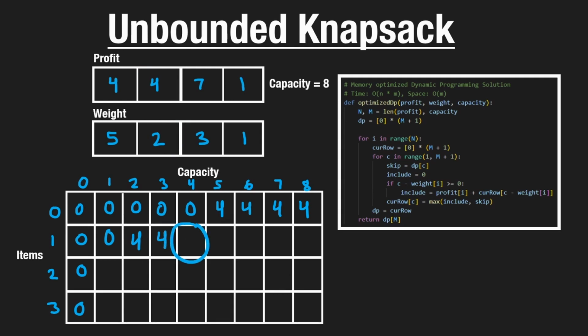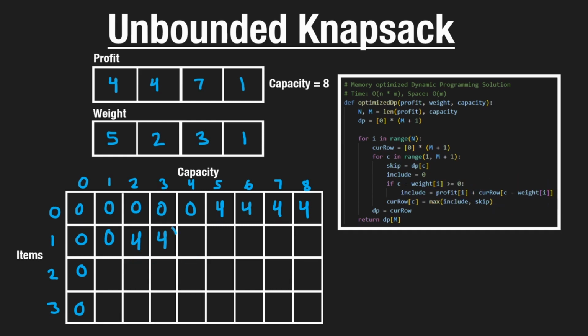Here, we can include this item. So we include the profit of that, but we also take in the current row the capacity that we have, which is 4, minus the weight of including this item, which is 2. So basically that's us saying from this position, we're going to look 2 positions to the left and take that value and add it with the profit here.